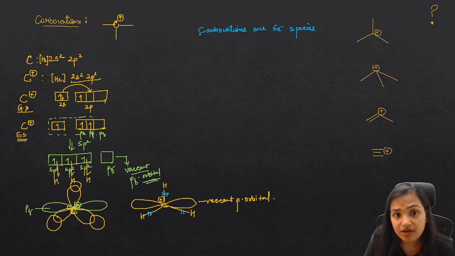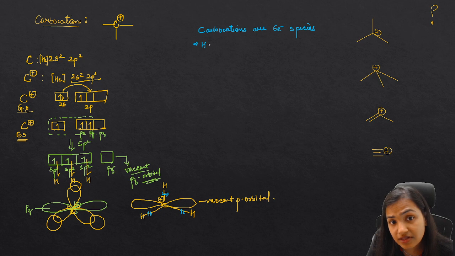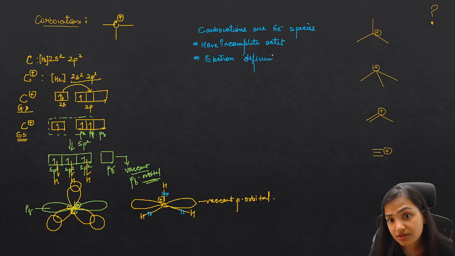Okay, their octet is incomplete. Carbocations have an incomplete octet. And because they have an incomplete octet, they are said to be electron deficient. Okay, they have a deficiency of how many electrons?